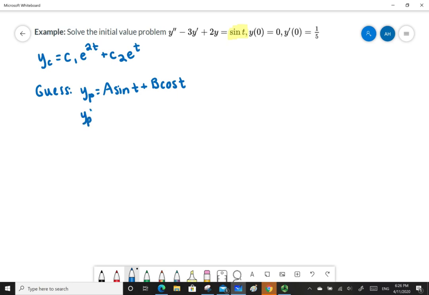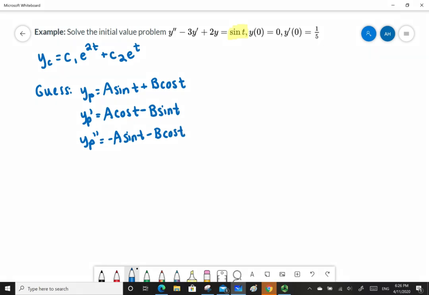So yp prime equals a cosine of t minus b sine of t, and yp double prime equals negative a sine t minus b cosine of t.